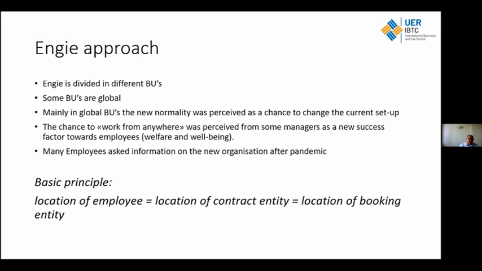But at a certain point, Engie's approach became that the location of the employee must be the location of the contract entity, meaning the company that pays the salary, and the location of the booking entity, meaning the country where taxes are paid.